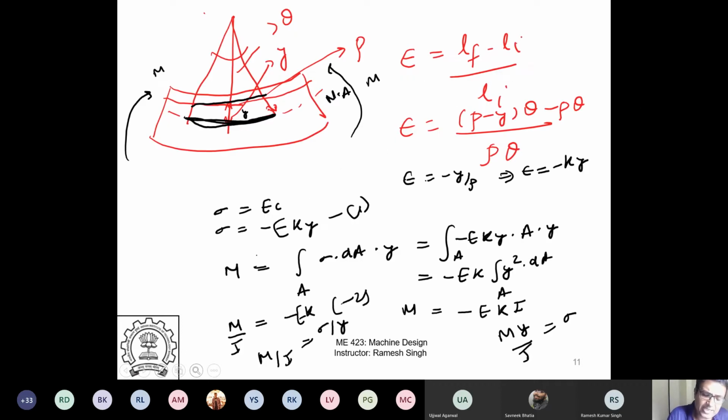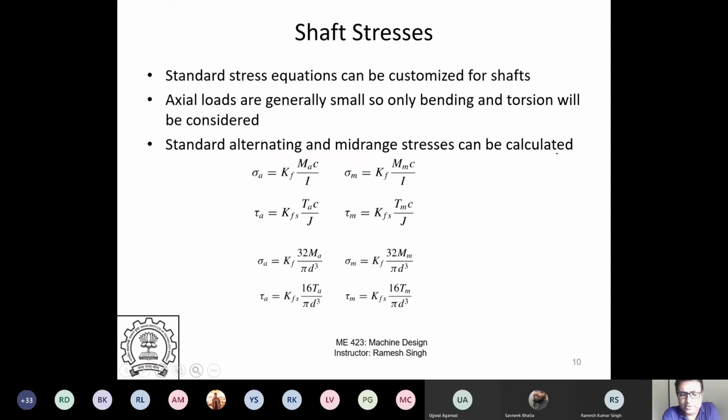You will have alternating components and you will have mid-range components, right? Now, if you want to estimate what will be an equivalent amount of stress, because you will design something, right? So you need some equivalent concept right there. How do you get the equivalent stresses? So I have a shaft which is subjected to some bending.